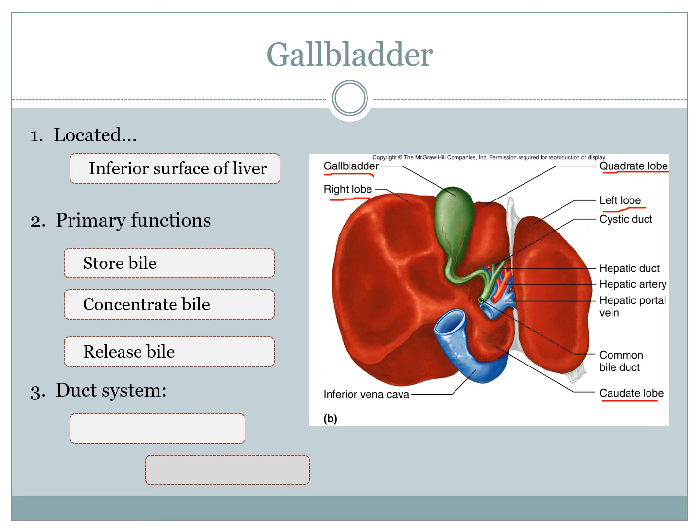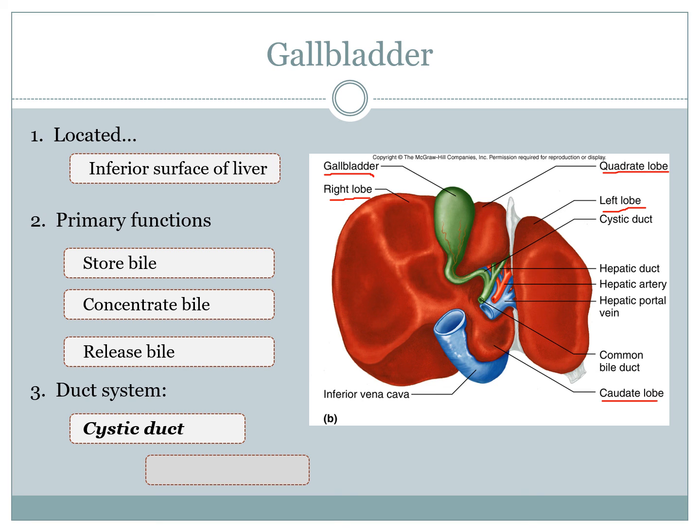It will fill up with bile, and then when needed, through hormonal and nervous stimulation, it'll secrete its contents into the duodenum of the small intestine and help with digestion in that area.